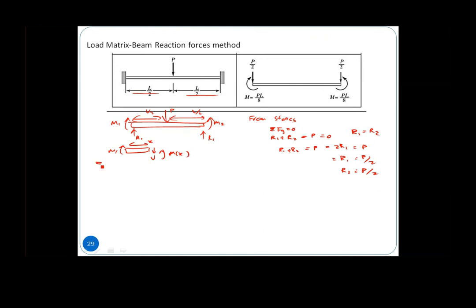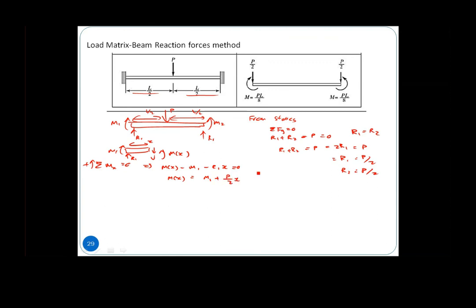If I take summation of Mx equal to 0, positive counterclockwise, then I have Mx minus M1 minus R1x equal to 0, where R1 is P over 2.